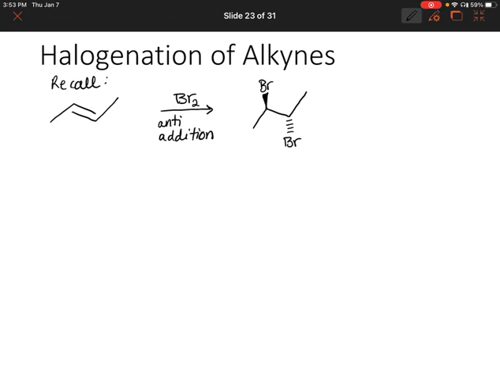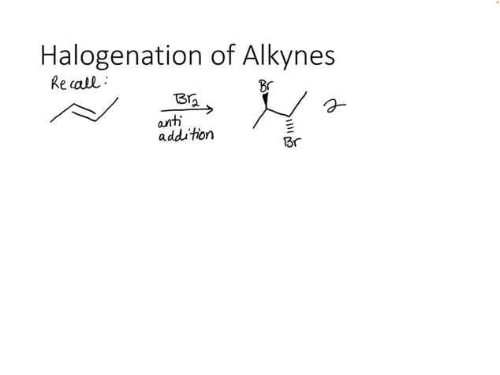Now, let's rotate the left carbon that's bonded to bromine, because I want to show you what the stereochemistry looks like. So our bromine on the left is still a wedge, and then the bromine that's in a dashed position, when it gets flipped up, turns into a wedge.